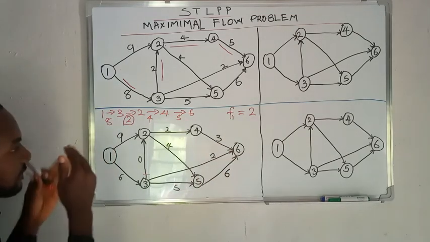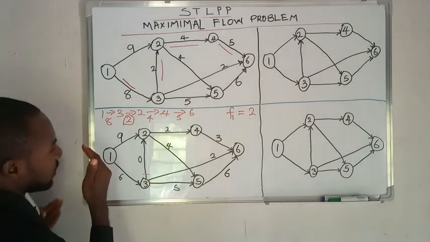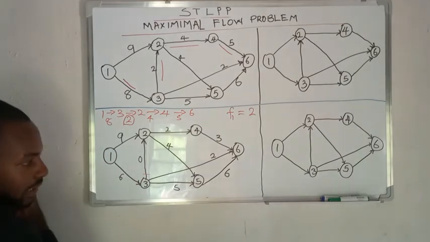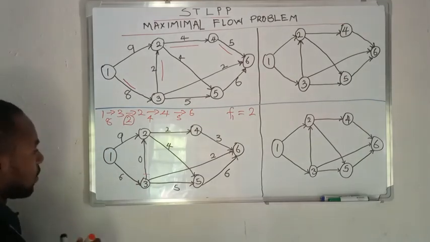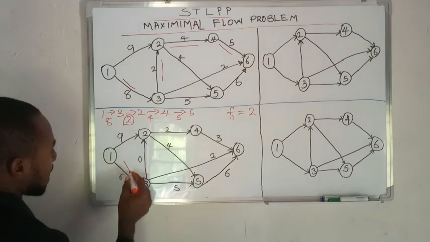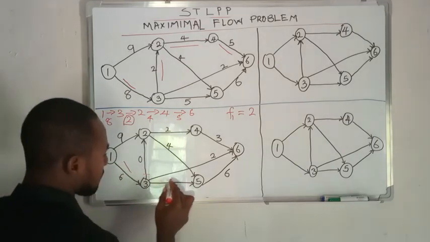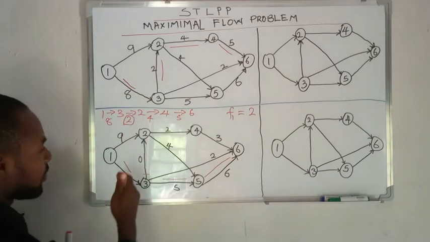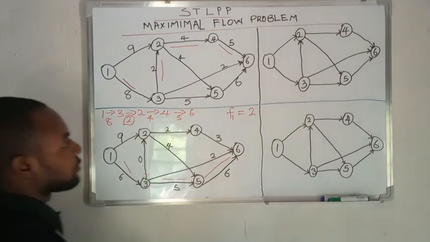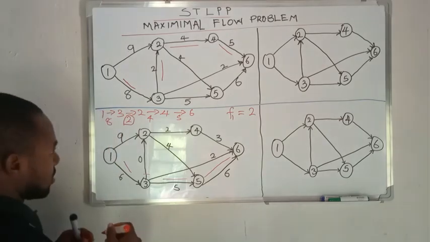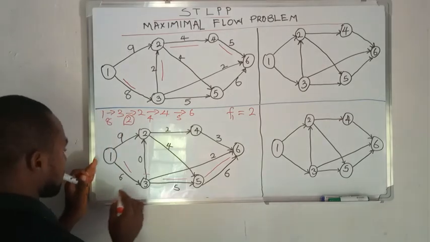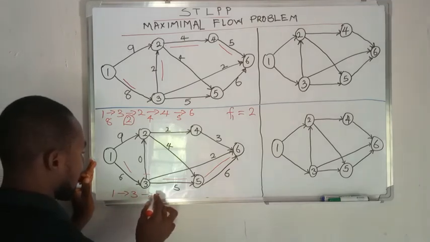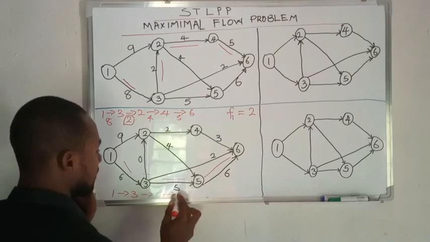After that, we find another path from the source node down to the sink node. We go from 1 to 3, then from 3 to 5, and then from 5 to 6.